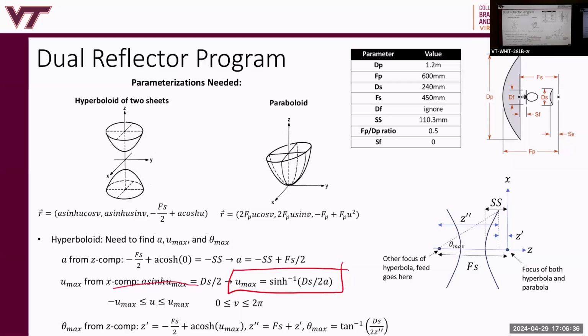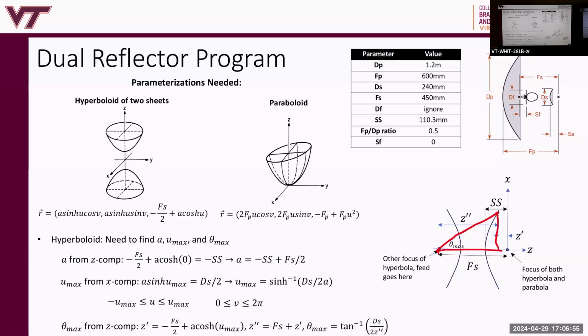So now you know u max. If you want to plot the hyperboloid, u goes from minus u max to u max, and v, like phi, goes from 0 to 2 pi. Now, what is this theta max? What is the last ray that intersects the hyperboloid? You can find that by using this triangle here.